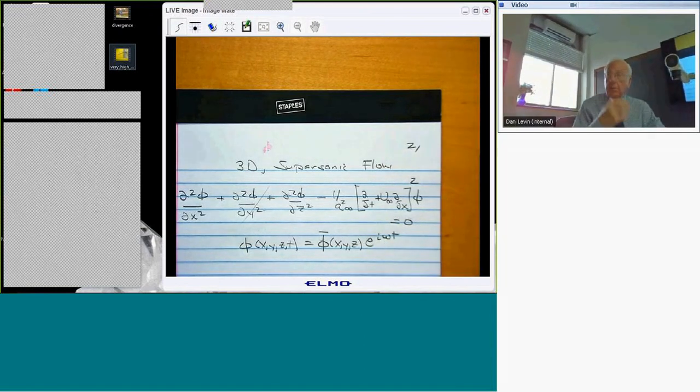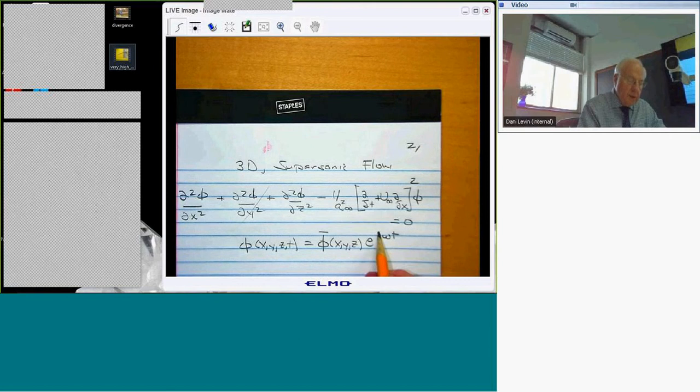We're going to assume simple harmonic motion in time, recognizing that we can always, in principle, it may be difficult in practice, construct solutions for any arbitrary time dependence once we know the solution for harmonic motion. We're going to do that.